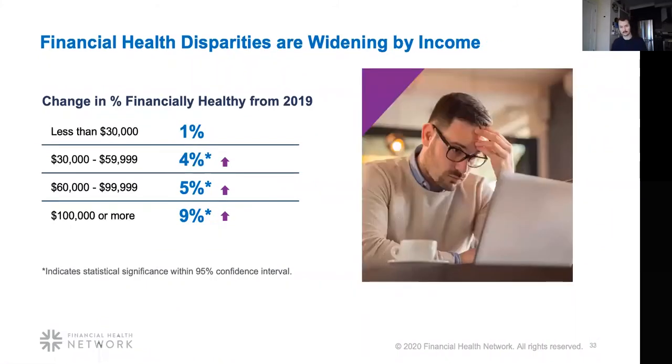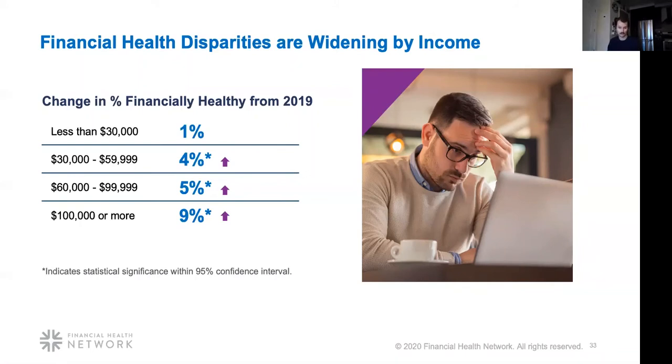Likewise, when we look at financial health by income, we see that those with a household income of over $100,000 saw a very large increase in the proportion who were financially healthy, an increase of 9 percentage points. Those with income between 60 and 99,000 saw a significant increase, as well as those with income between $30 and $59,000.